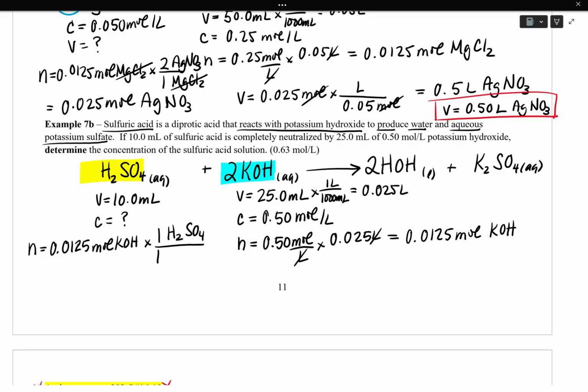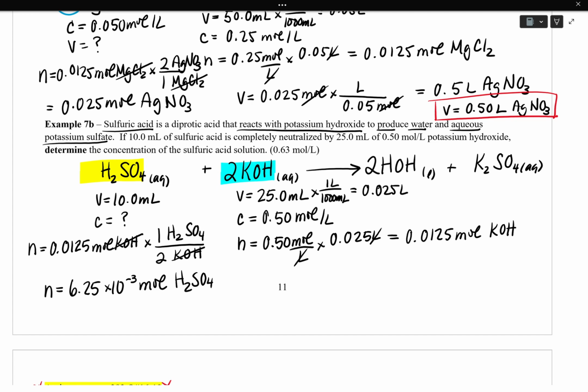So the KOH will get eliminated. So now I know the number of moles is 0.0125 divided by 2, which on your calculator may have come up as scientific notation, 6.25 times 10 to the negative 3 moles of H2SO4.